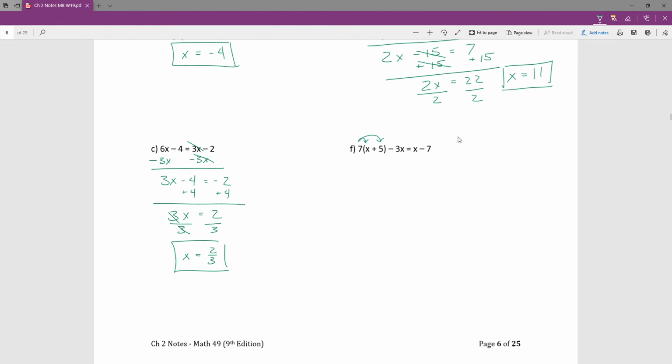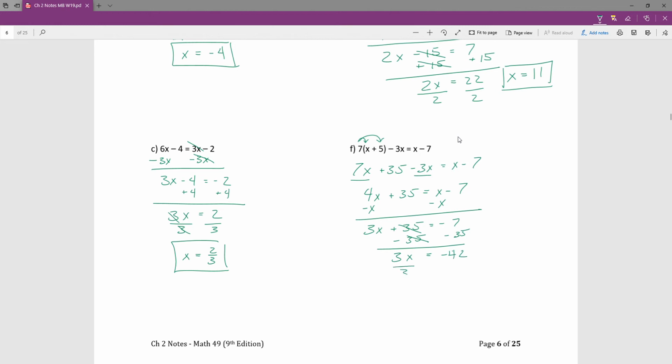We've seen that once already in the notes. So give those ones a check, and things are going to get harder with fractions on the next page.